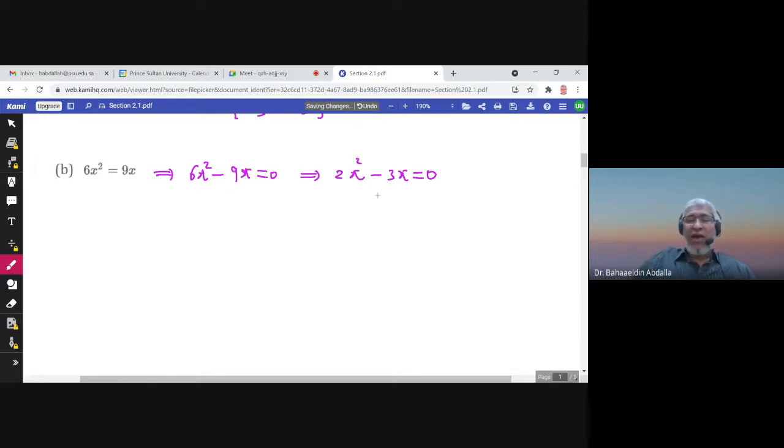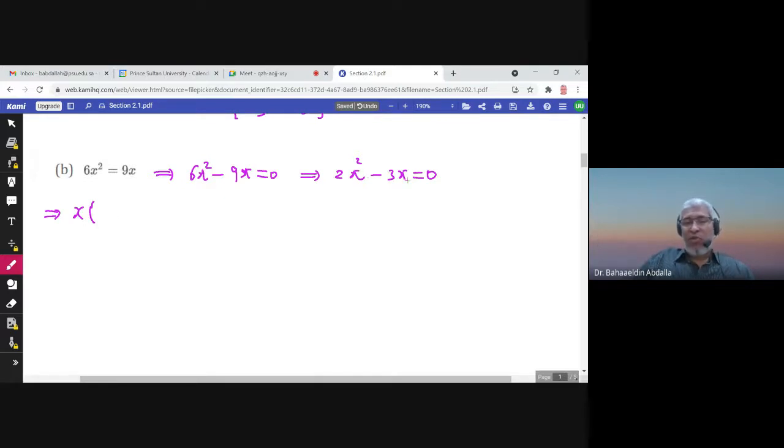And then we need to factor the left-hand side. Well, now I have two terms, and factoring two terms is easier than factoring three terms because you take only the common factor. So what is the common factor between these two terms? It is x. Usually, the smallest power is the common factor.